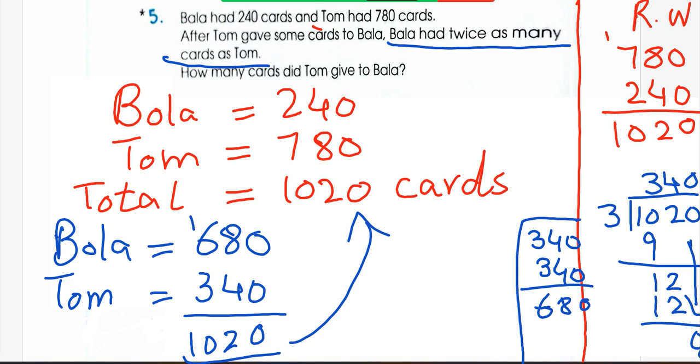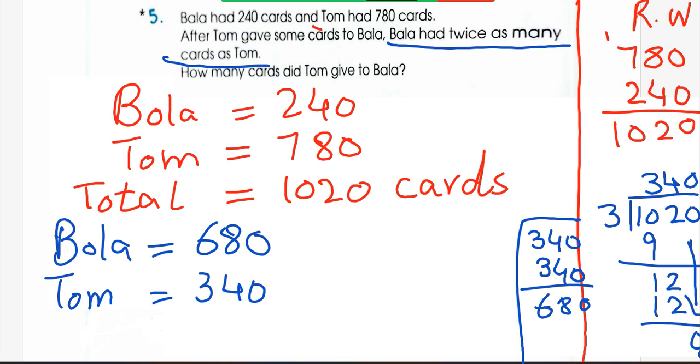I have given 2 parts to Bola and 1 part to Tom. Now, is my answer justifying the statement that Bola will have twice as many cards as Tom? Right? Bola has double as many cards as Tom. Yes, Tom has 340 and the double of 340 is 680. Right? I hope that this is clear to you.